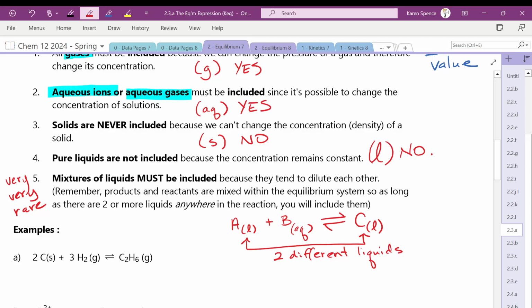If you have 2 different liquids, they can dilute one another. Therefore, they have concentrations.